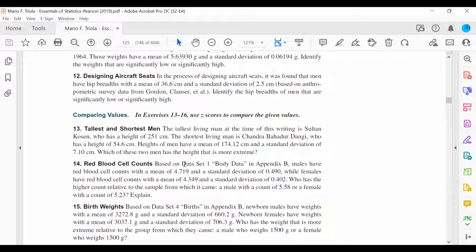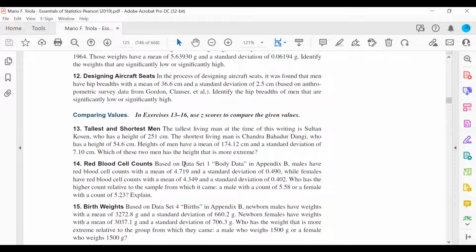We're going to write down the mean. So they told us that the mean is 174.12 centimeters, right? And the standard deviation, the sigma, was 7.10 centimeters. So I'm going to write down, we're going to do Kosin, and then we have Chandra.